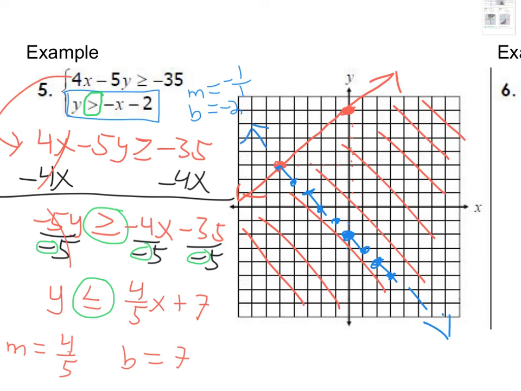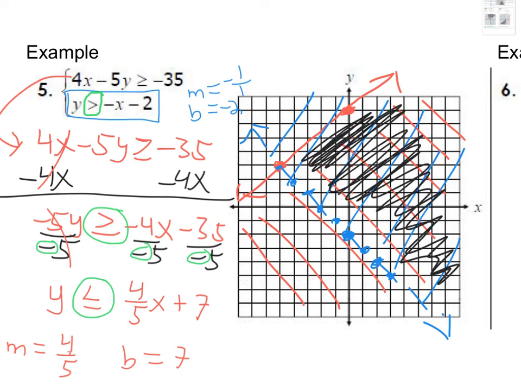Okay, is this going to be above the line or below the line? Well, we have a greater than sign, so that means above the line. So let's shade above. Do you see the crosshatches, the ones where you have red and blue? If you see that, then you should know that the darkened section should be right up in this region here.